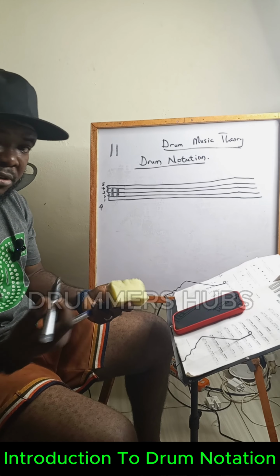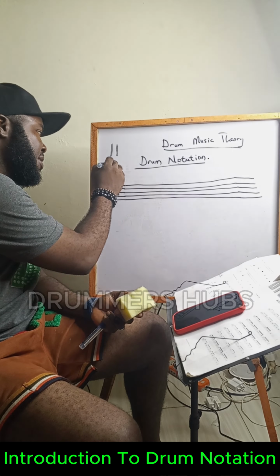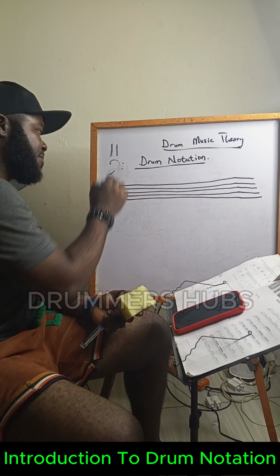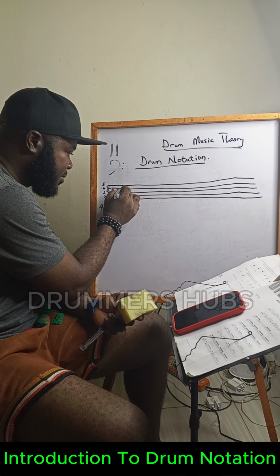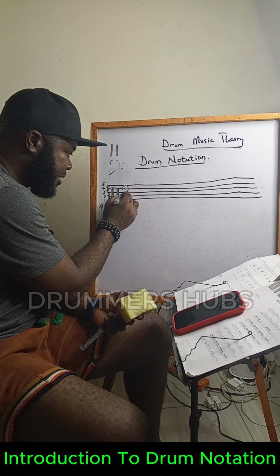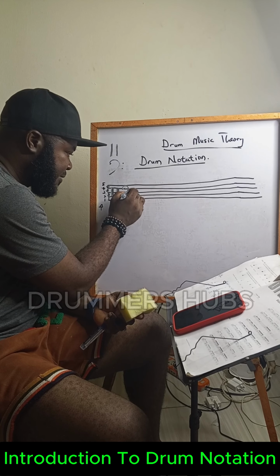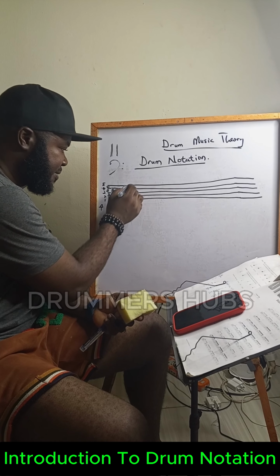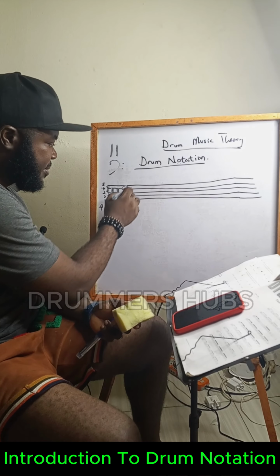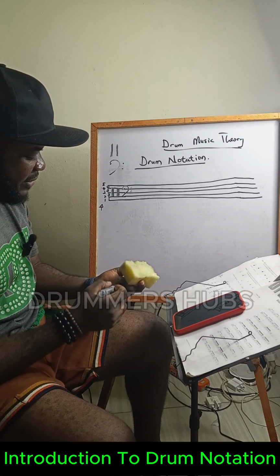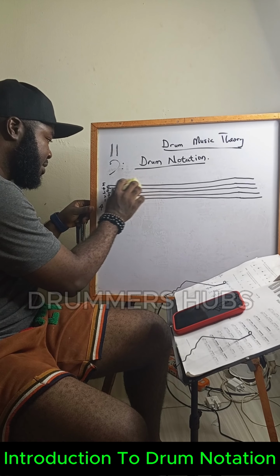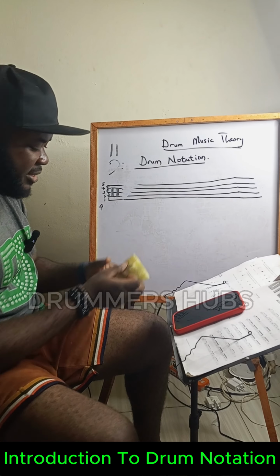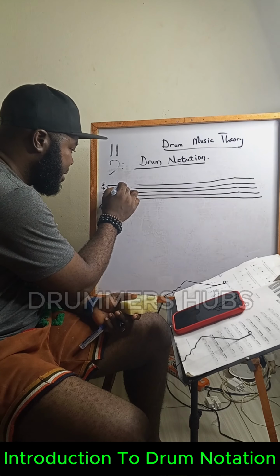But sometimes you might see the bass clef sign on it, and it will look like this. Most of the time you're not going to be seeing the bass clef sign, except for some rare cases. You'll be seeing the drum clef.